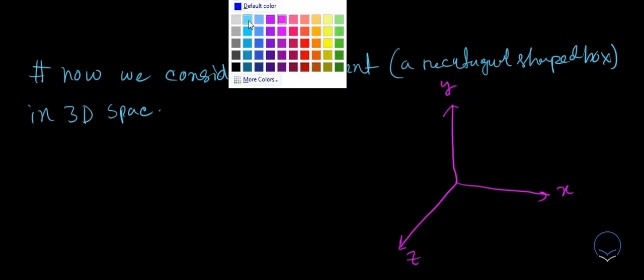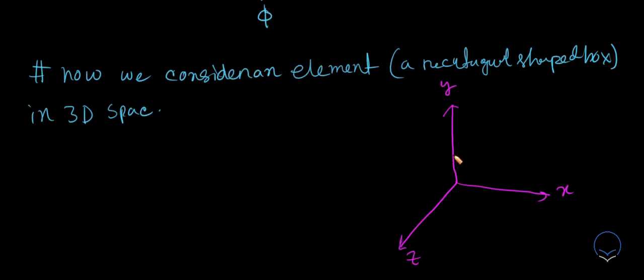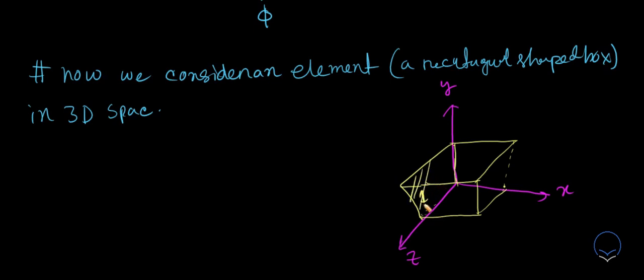And now we want to draw the box. So the box looks something like this. Right? And let's call one of the surfaces that lies between y and z as 1. So this marked surface is called 1, and the other marked surface like this is called 2.